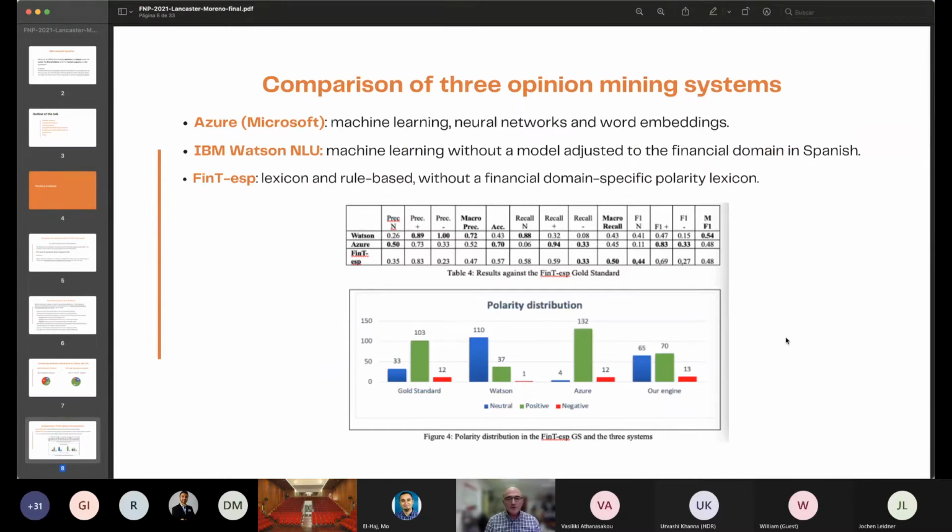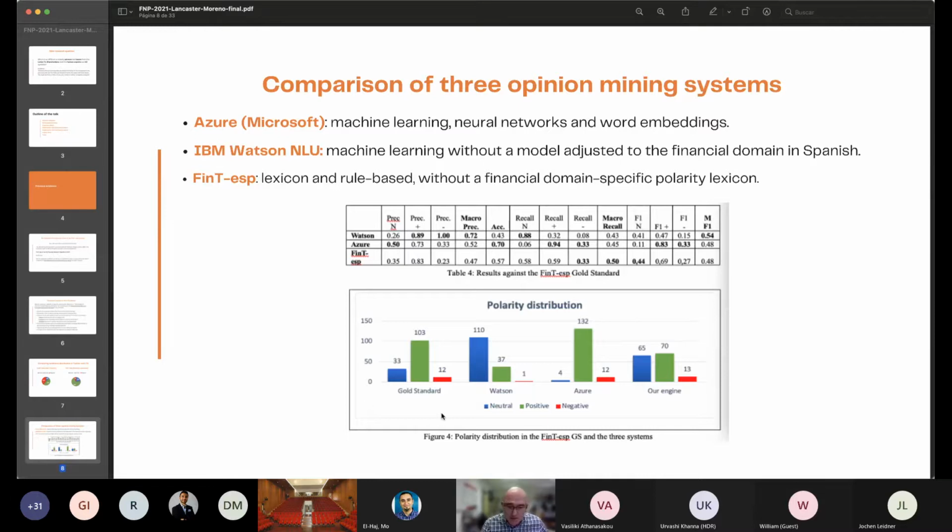So we used three opinion mining systems: the one from Microsoft, the one from IBM, and our own system. The two previous ones, Microsoft and IBM, use machine learning techniques, and our system uses lexicon rules, rule-based, without a financial domain specific polarity lexicon.